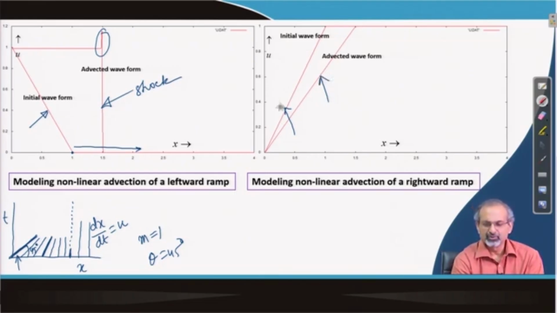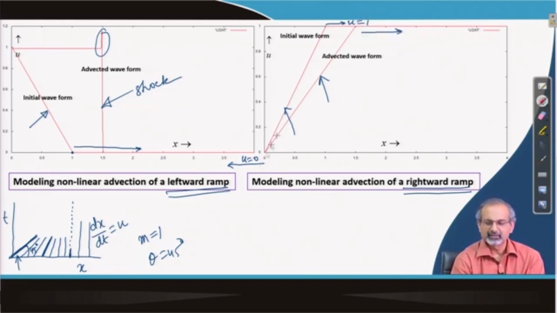Now, if you look carefully at this initial waveform on the right picture, we are calling this a rightward ramp, while the previous problem we said was a leftward ramp. So, in a rightward ramp, what is happening is that you have 0 velocities here, and you have u equal to 1 here onwards towards the right.